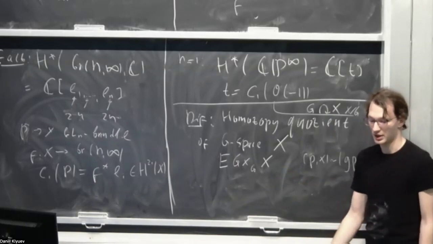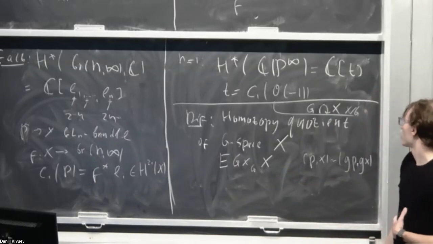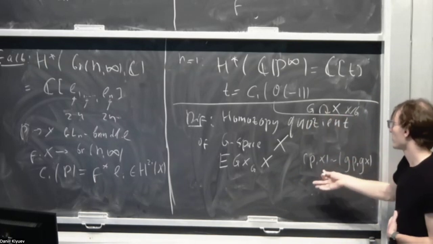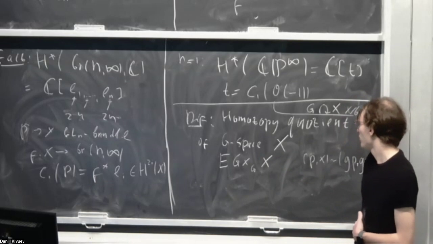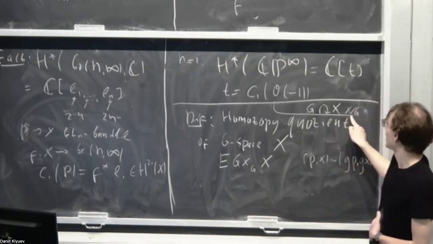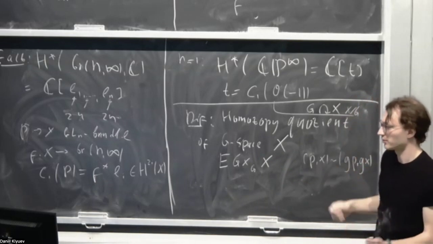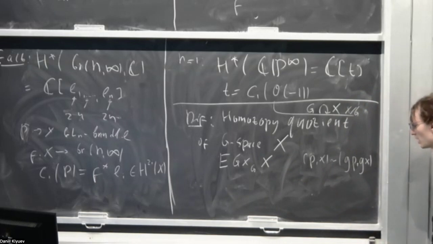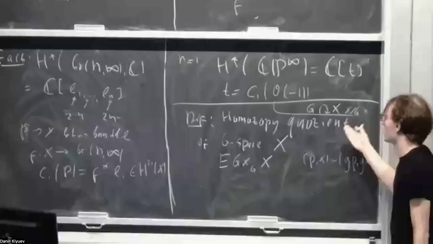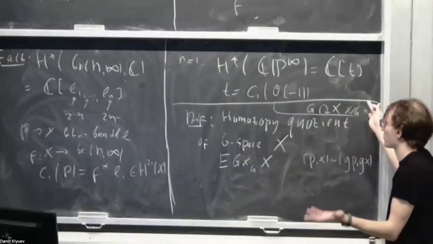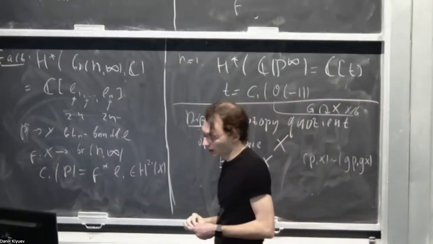You don't lose any information. If the action of G is not free, then this is something that remembers a lot, unlike the usual quotient X over G, which can be a non-separated topological space or something, so it's just bad.